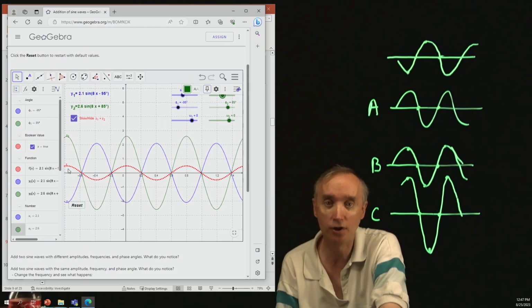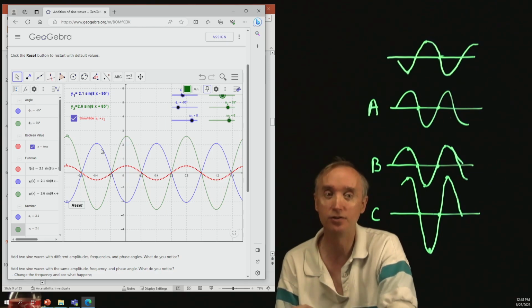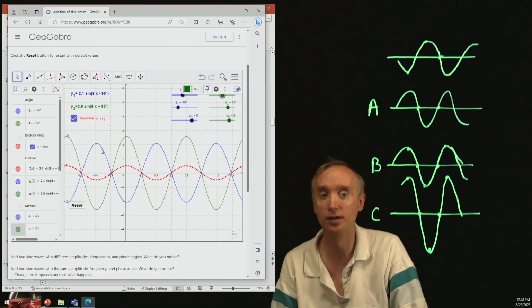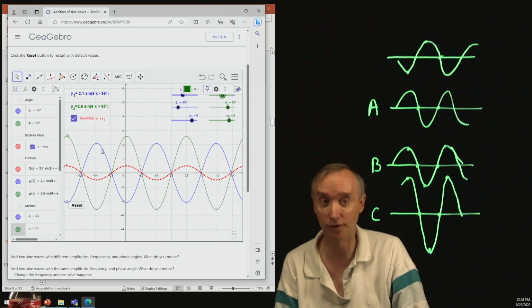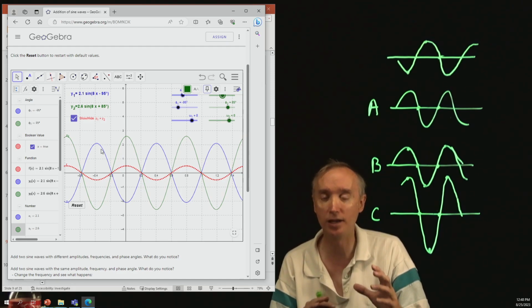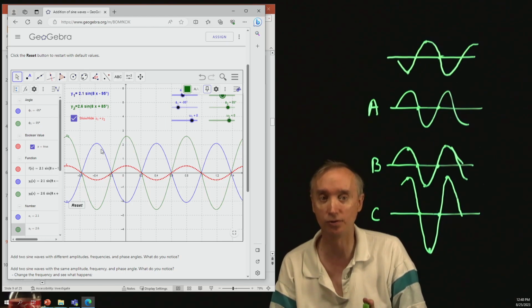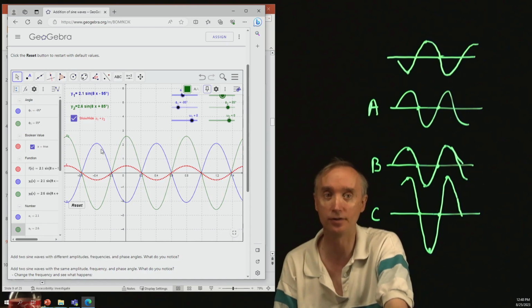So you notice that for the most part, the overall amplitude is small, but it still has a little bit of amplitude because the green one was bigger than the blue one. So you can have partial destructive interference. You could also have partial constructive interference as well. But we're interested really in total destructive and total constructive interference.